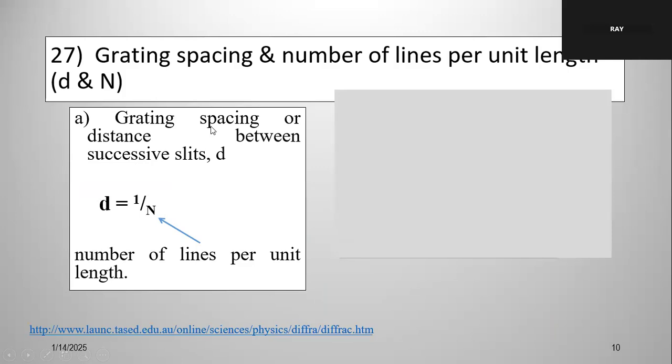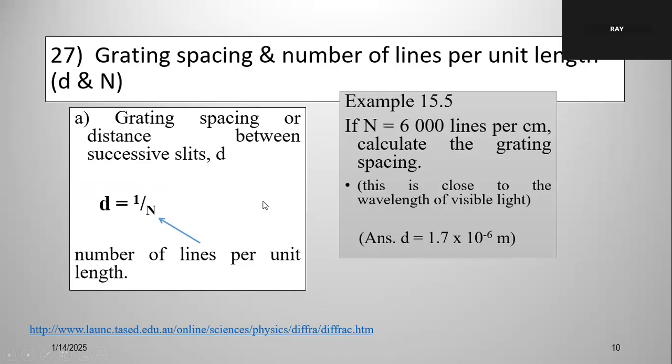As a formula, grating spacing, or distance between successive slits, D is 1 over n, the number of lines per unit length. Try whether you can get the answer for this one using this formula.